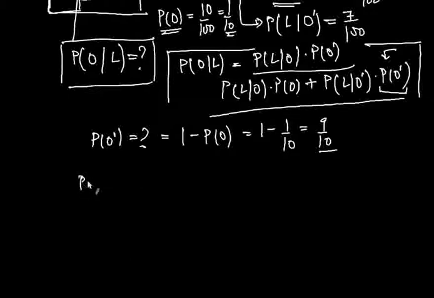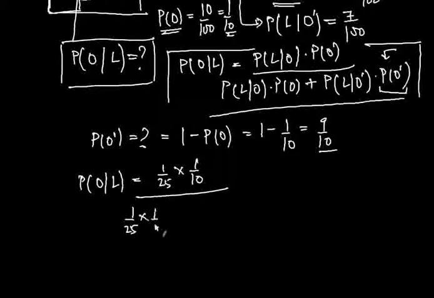Now it's a simple case of substituting all the values that we know into this expression. So let's do that now. Probability of O given L is simply probability of L given O, that was 4%, which we had written down as 1 by 25, into probability of O, which was 1 by 10, divided by 1 by 25 into 1 by 10 plus probability of a person being left-handed given that he does not have blood group O. So that was 7%, so 7 by 100 into this 9 by 10 that we just calculated, right?